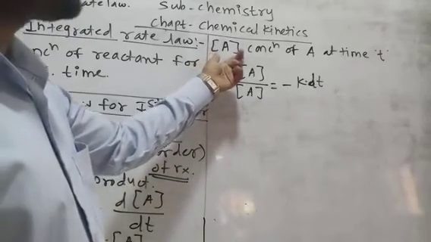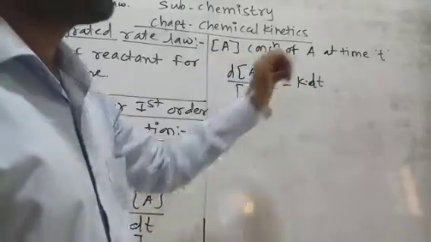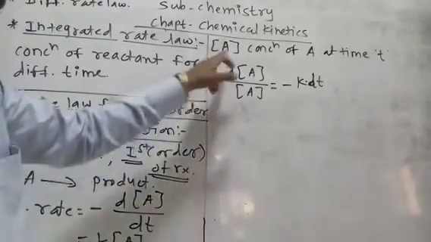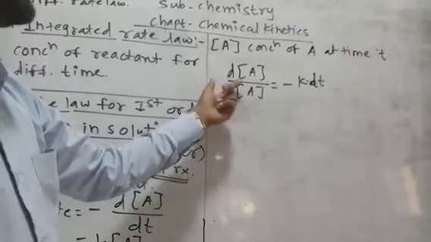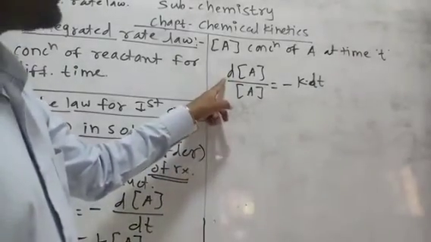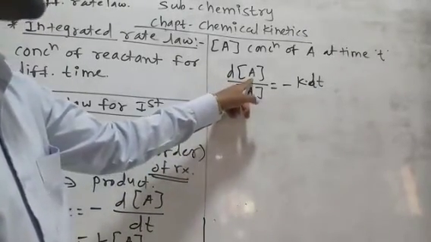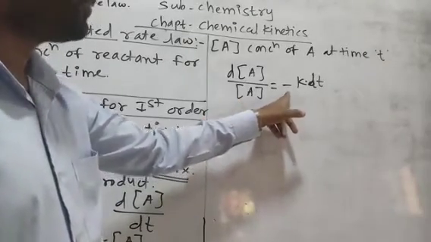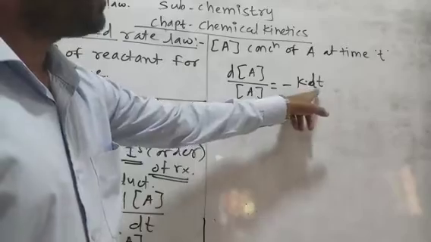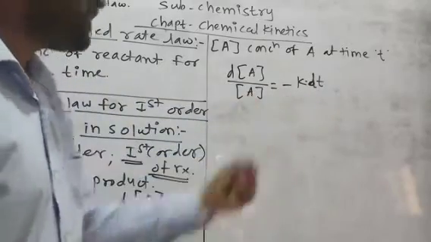Consider A is the concentration of A at the time t. A is the reactant. By rearranging the equation, we got d[A] divided by [A] is equal to negative k into dt. Which equation did we rearrange?